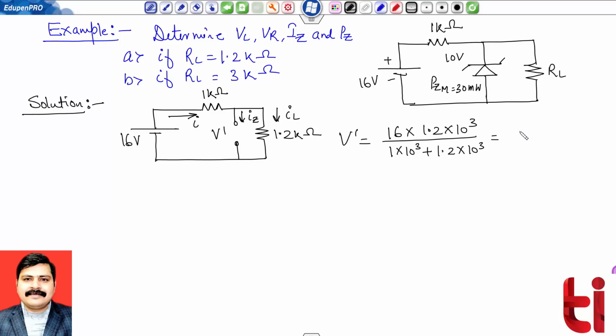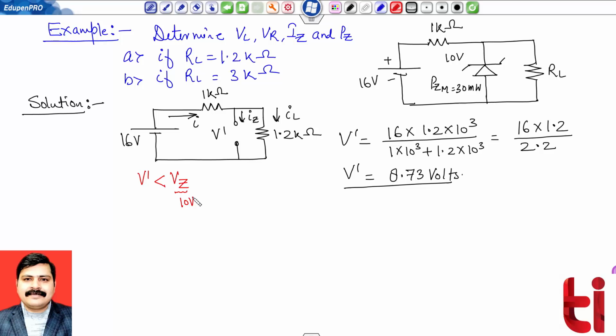One can simplify it as 16 multiplied by 1.2 divided by 2.2, and V dash is 8.73. My V dash is less than VZ because VZ was given as 10 volt.